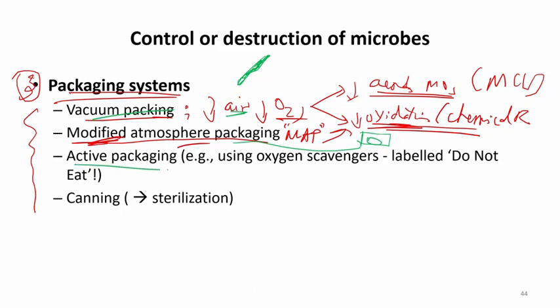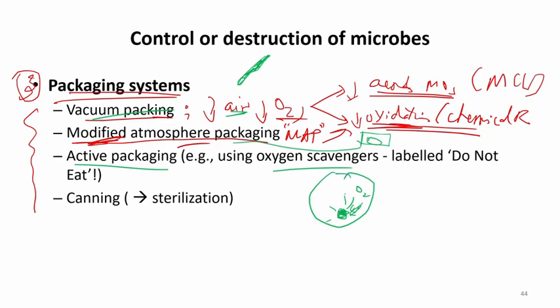And we can apply active packaging, like we can use an oxygen scavenger, things like that. We can put some material inside the package, and this material will absorb all the oxygen, or sometimes a humectant, I mean a moisture absorber that absorbs the vapor also.